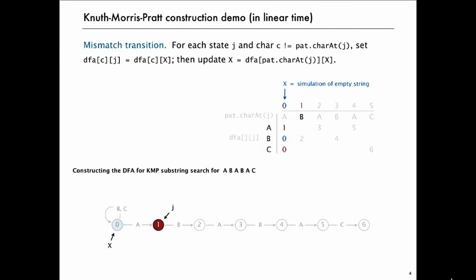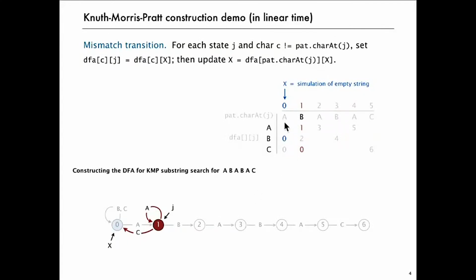So now what we need to do is fill in the mismatch transitions for state 1. So what are they? They're what would happen if we found those characters and we were in state X. If we found an A, we'd go to state 1. If we found a C, we'd go to state 0.